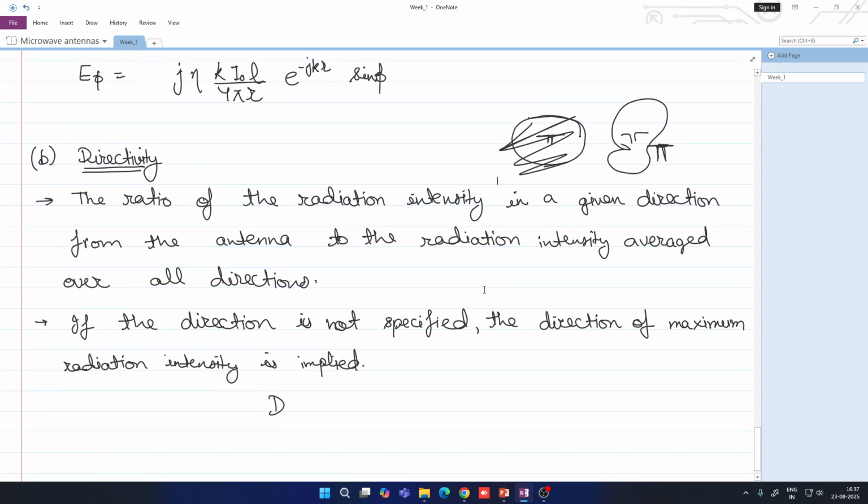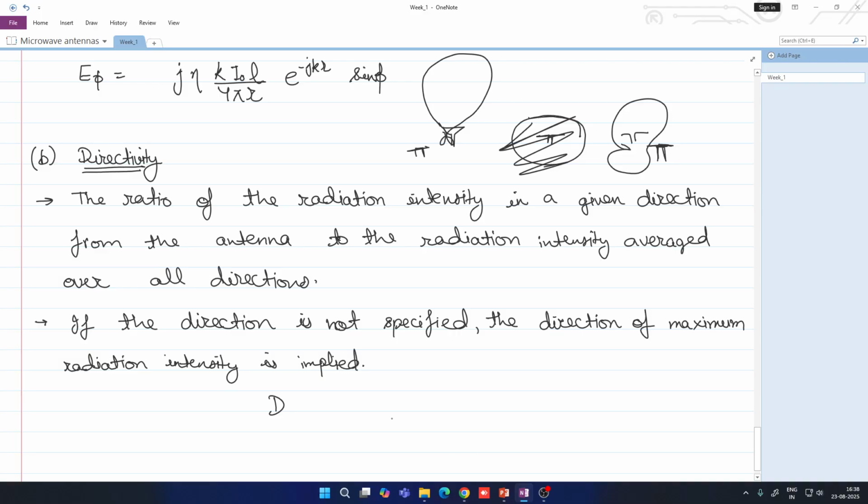As we move up in the further weeks' lectures, we will see different kinds of antennas which are very directional. Let's say this is one antenna whose radiation pattern will look like this. That means it's very directive along whichever direction it's oriented.